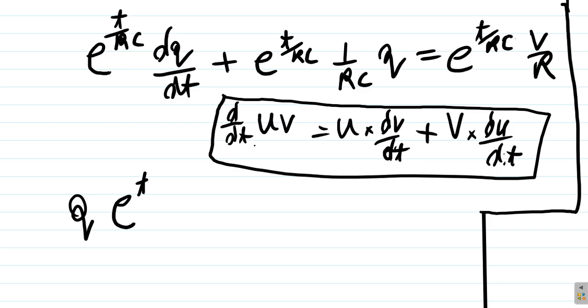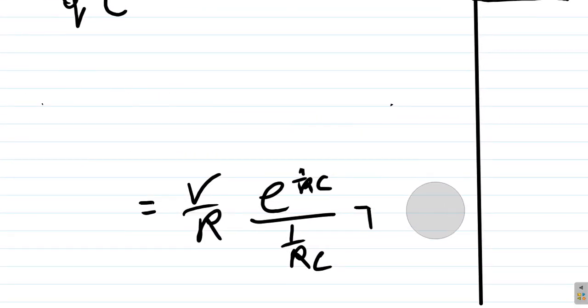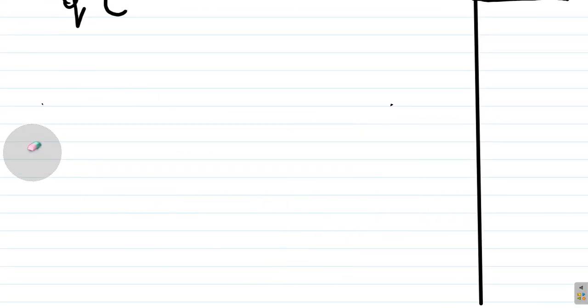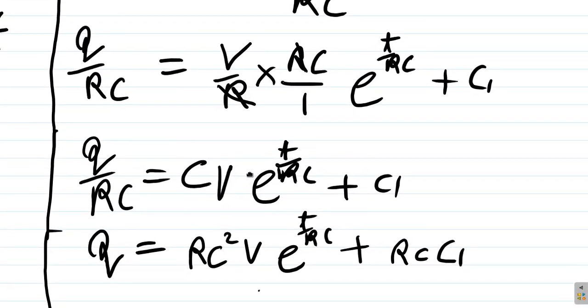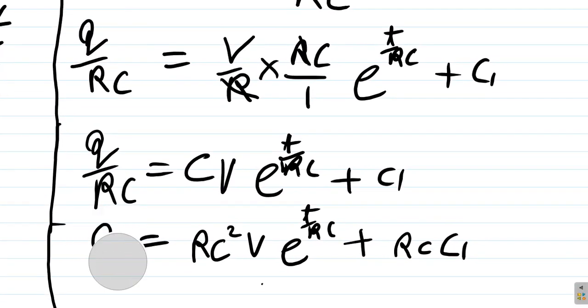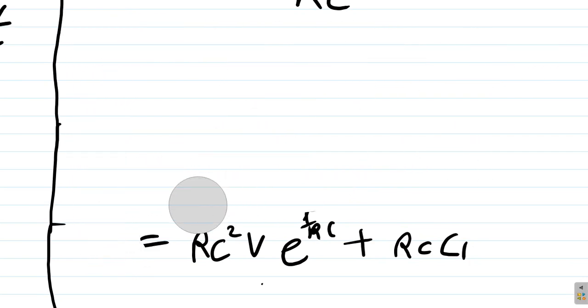E to the t over rc. How could I have done that? That was my mistake. Alright, so I'll have to just erase this part and then redo this part up here. Accidentally rewrote the e to the t over rc as something else. My.